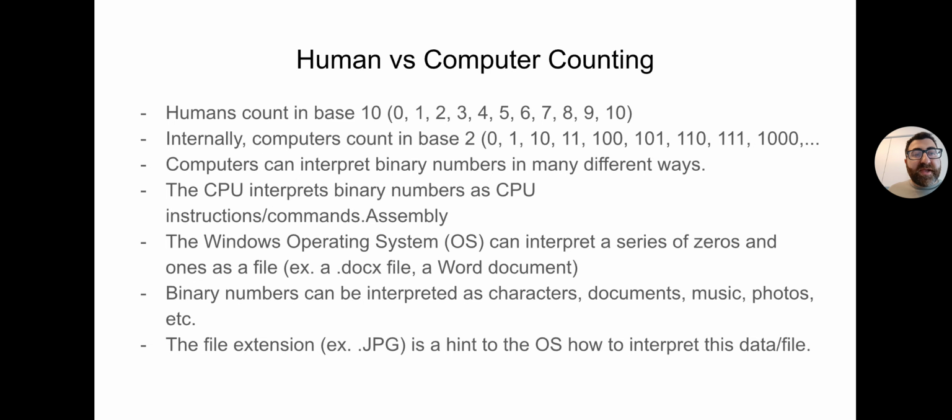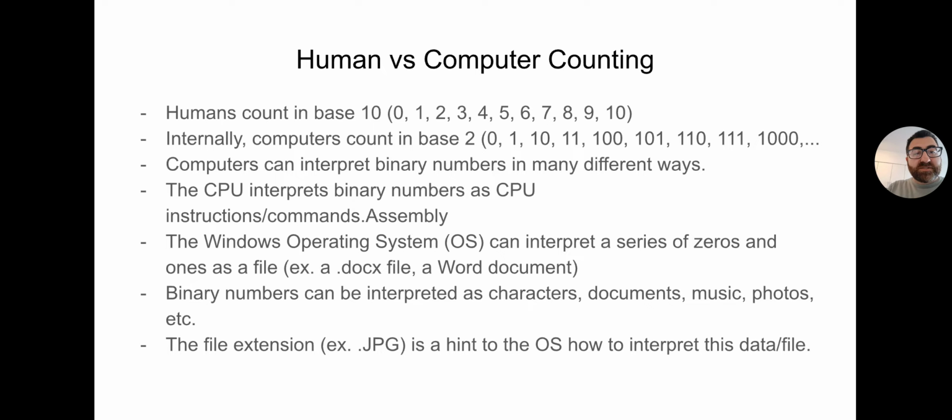Each file on a computer takes up a certain amount of space, usually measured in bytes. You can have a 5 kilobyte file, a 5 megabyte file, a 1 gigabyte movie on your hard disk drive. And each file usually has an extension, like .docx. If the extension is .docx, that's a hint to the operating system that this file is supposed to be interpreted as a Word document.